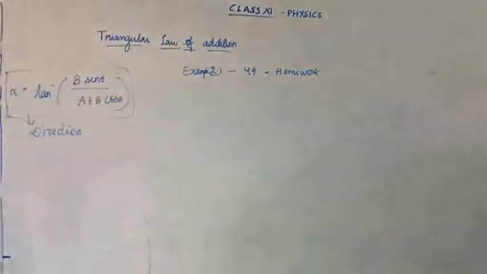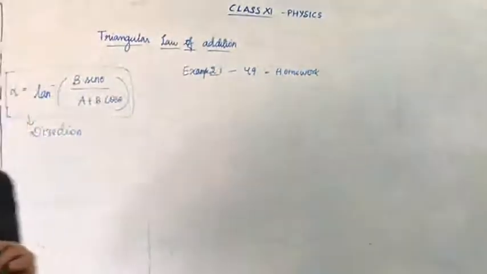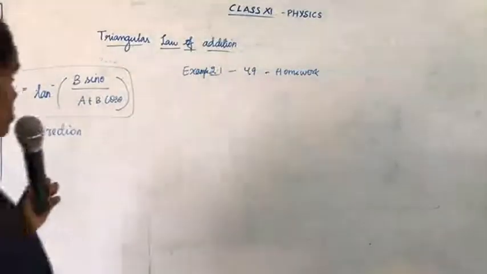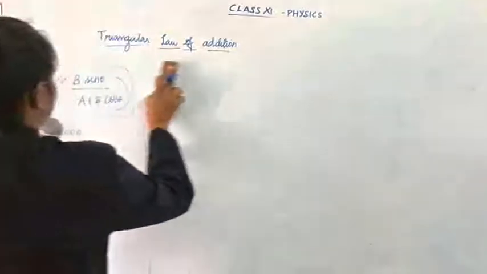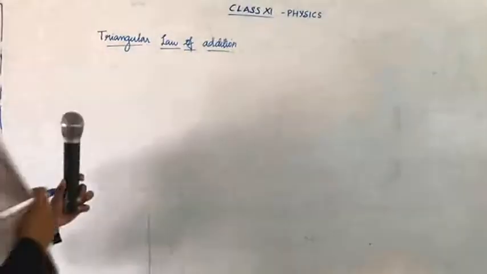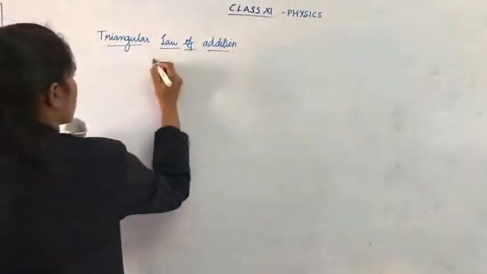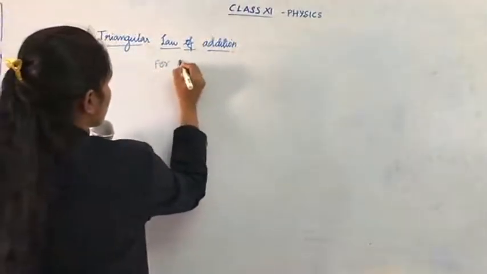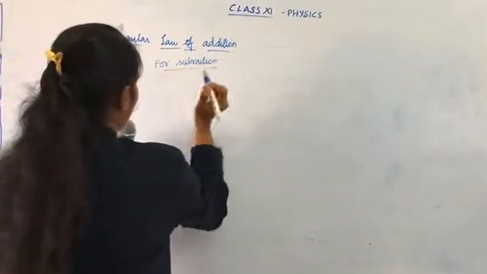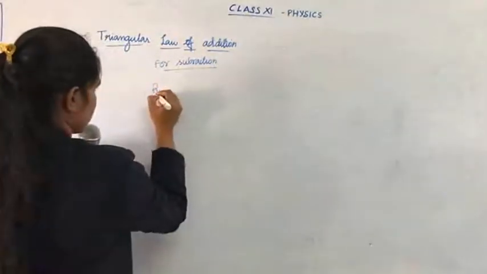Okay, children? This is the addition. We have seen the addition. Now we are going to see subtraction. For subtraction, the same formula you take, the same formula for resultant.